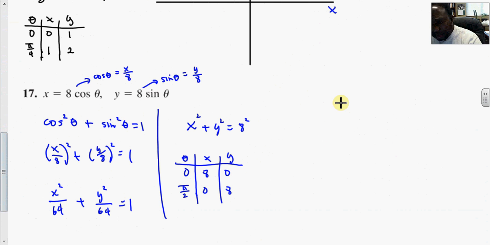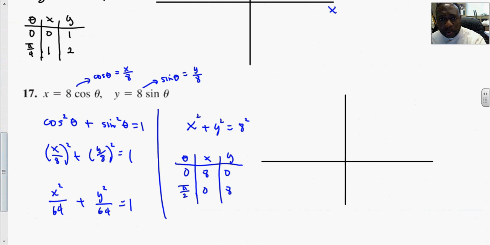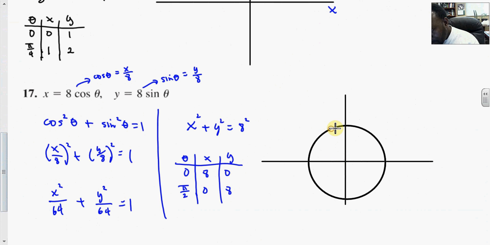I wonder if this thing has a circle on there that we can use. There's a circle. Let's try that. Now, this is 8 on the x-axis, and this is 8 on the y-axis. We start off with 8, 0. We're there, and then we go to 0, 8. We're up here. So the point is we're moving in that direction.